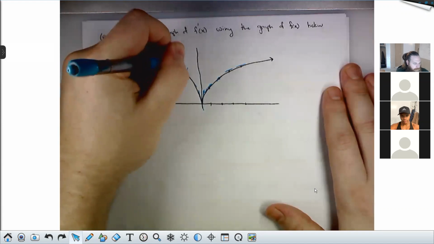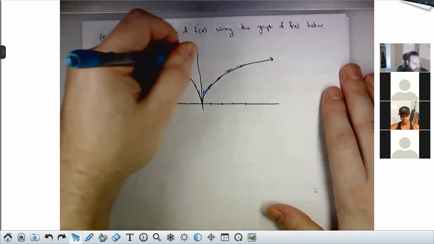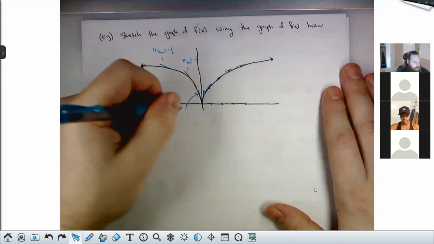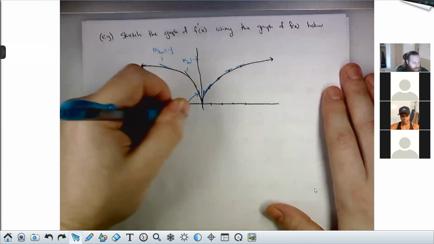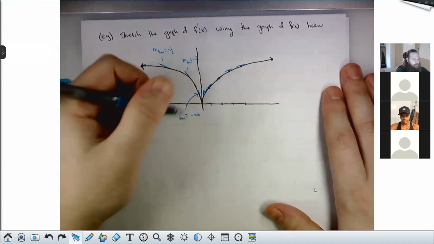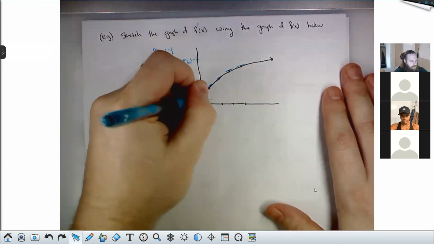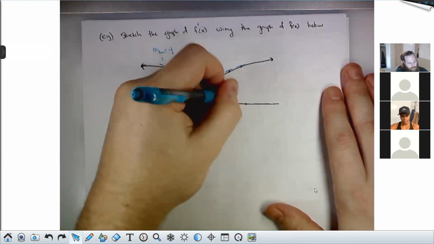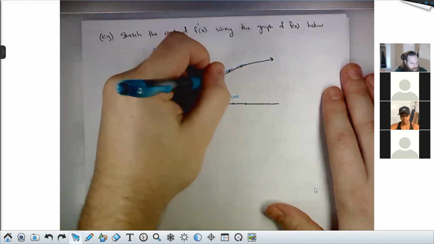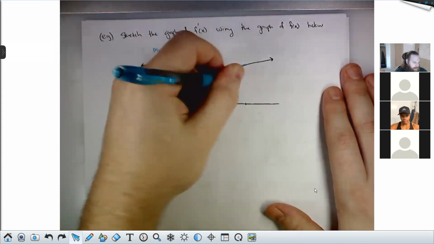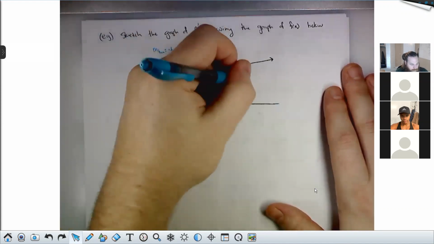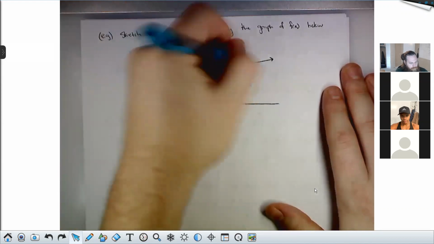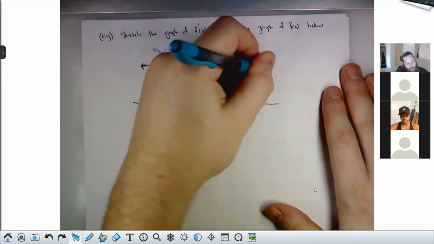Here, maybe m tan is like -2. And in here, m tan is getting really steep, like -100. And over here, same sort of thing, m tan is like +100. Maybe over here, m tan is like +1 or +2. Let's make it symmetric, we'll pretend. And over here, m tan is like +1/2.